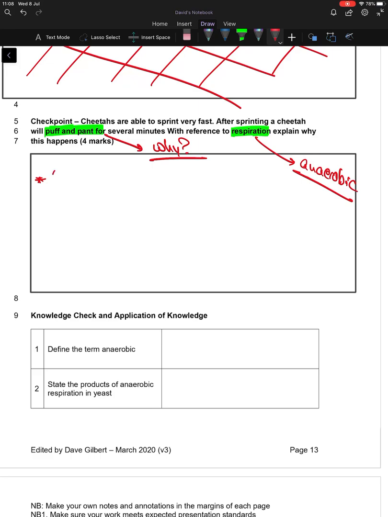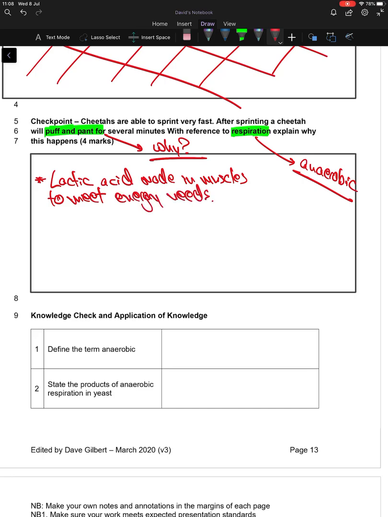Well, what have they been producing? Lactic acid. And that's to meet energy needs. The energy that it needs to run really fast. So, it's finished. So now it's got lots of lactic acid built up.